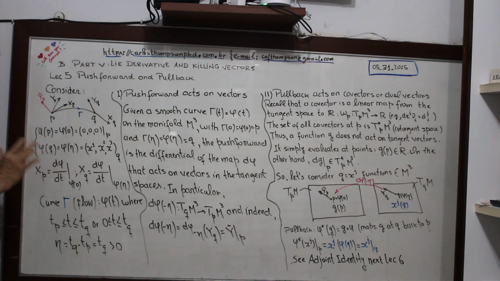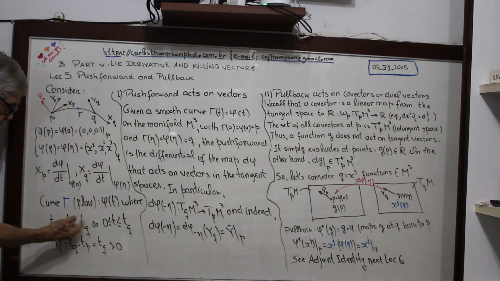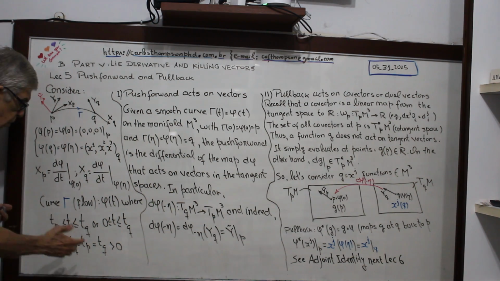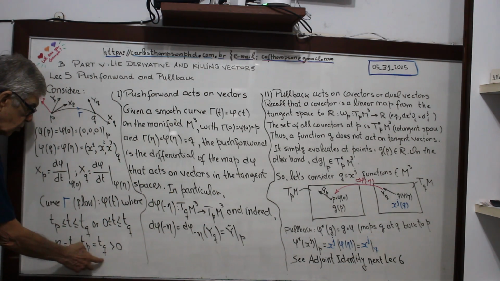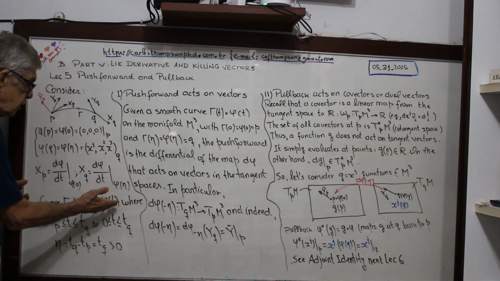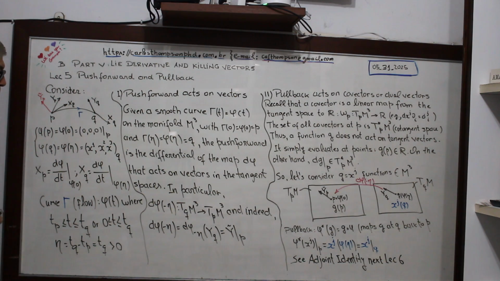Eta is greater than 0 because eta here is tq minus tp. But tp I assume is 0, so eta is tq, which is greater than 0. And the curve gamma is the flow, phi of t, where tp and tq are defined here as real numbers.